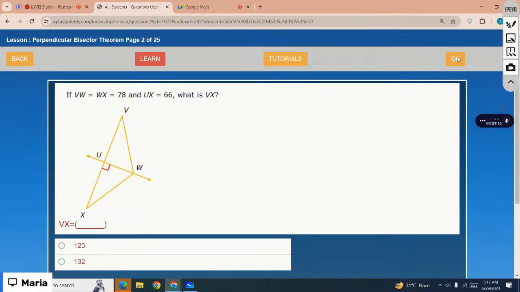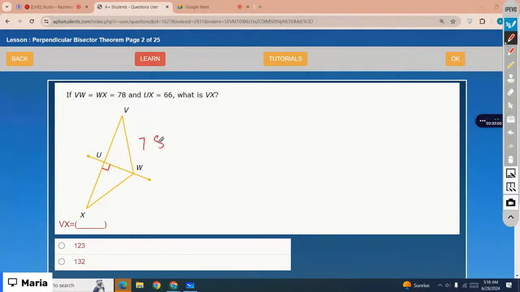If VW equals WX equals 70, what is VX? Which is the correct option? VW is 78, WX is 78, and UX is 66.